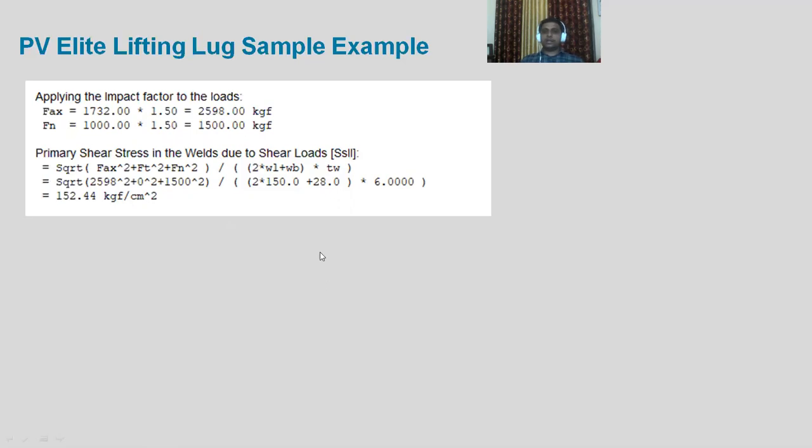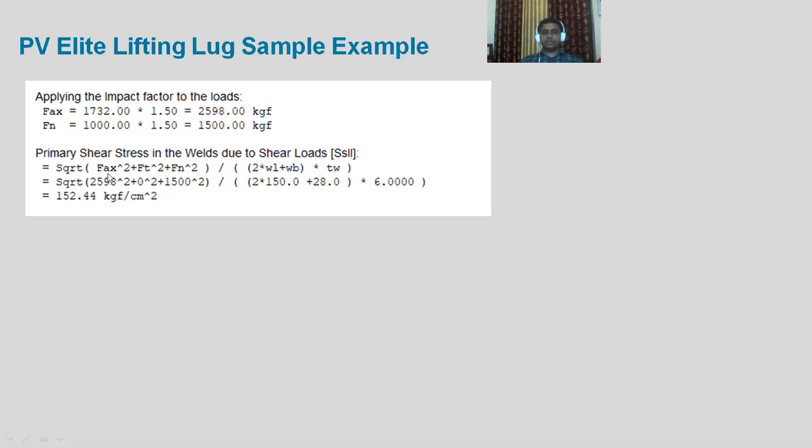So which force can create the shear stress? Any force. There are three forces: axial force, normal force, and tangential force. That's the reason why the resultant force has been considered.